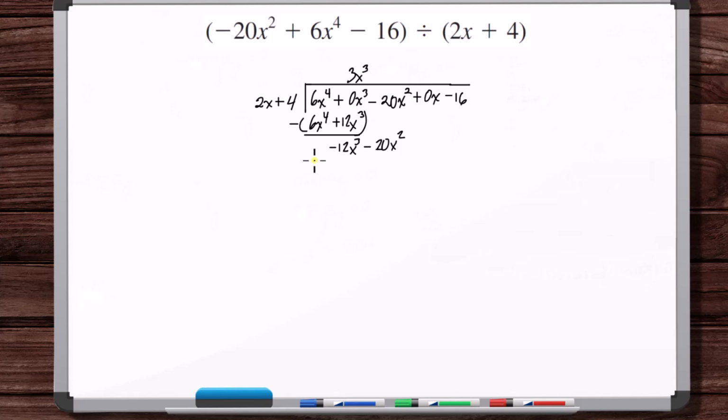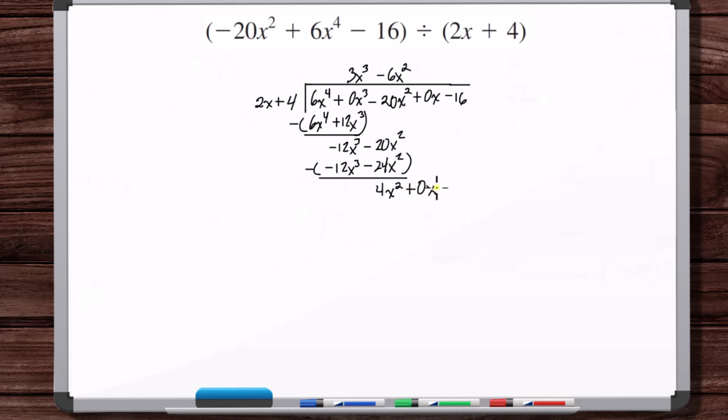Minus 12x cubed divided by 2x is minus 6x squared. Minus 6x squared times 2x is minus 12x cubed. And minus 6x squared times positive 4 is minus 24x squared. Minus 12 plus 12 is 0. Minus 20 plus 24 is 4x squared.